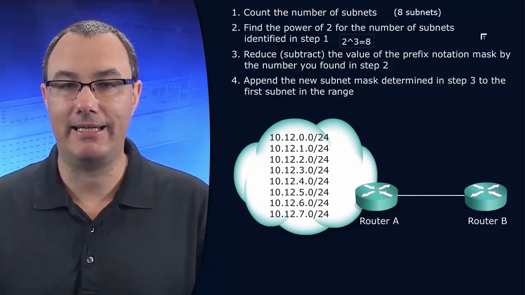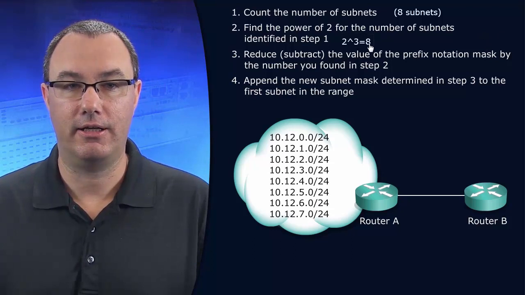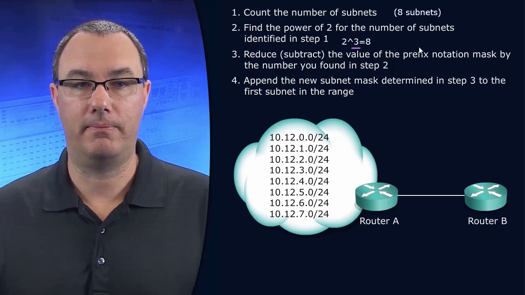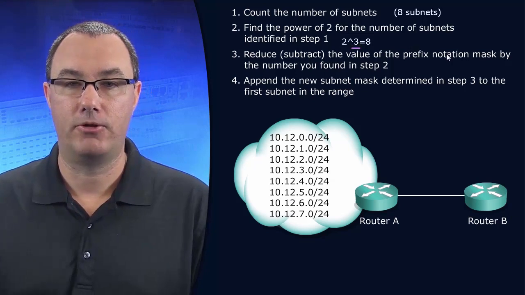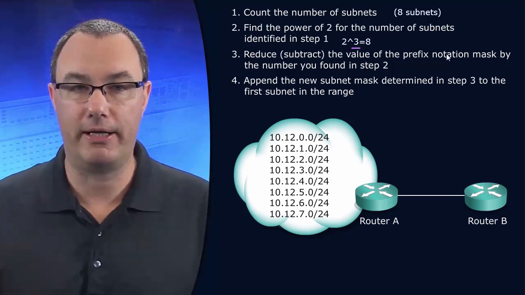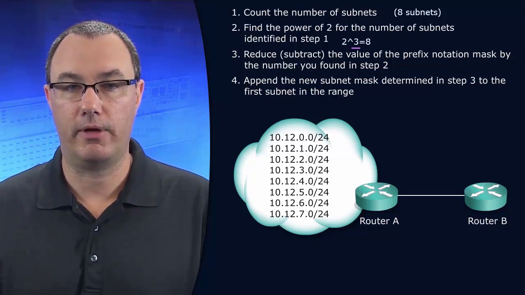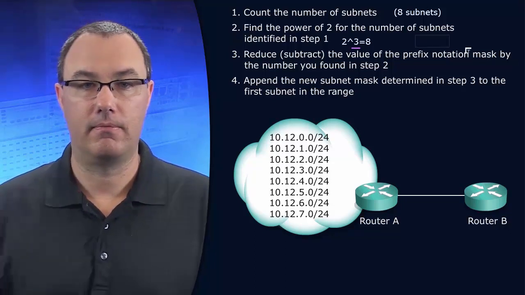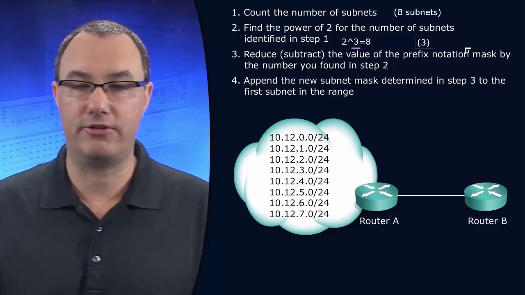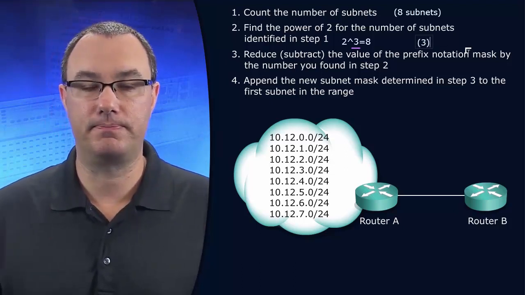And the key ingredient in that is the 3. 2 to the 3. Focus on the 3. So I'm just going to write out 3. That's the answer for step number 2.